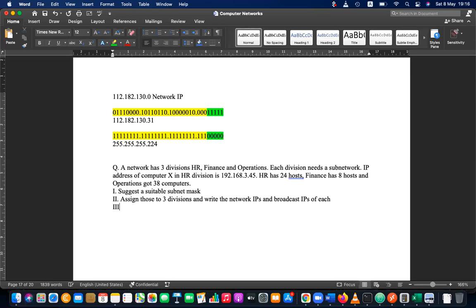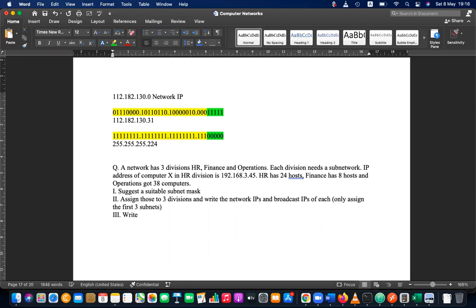Number 3. Within bracket, I'm going to tell only assign the first 3 subnets. So don't assign some. There might be some other subnets, but don't assign them. Only assign the first 3 subnets.